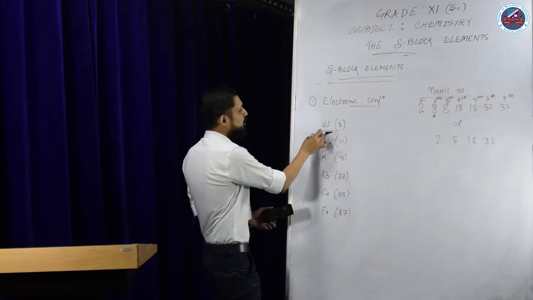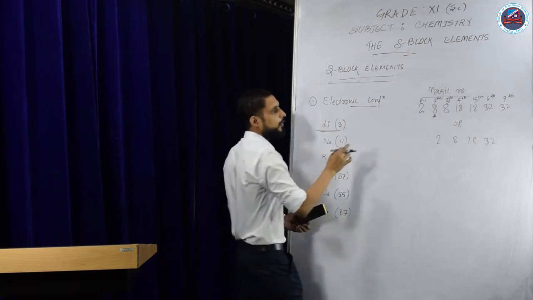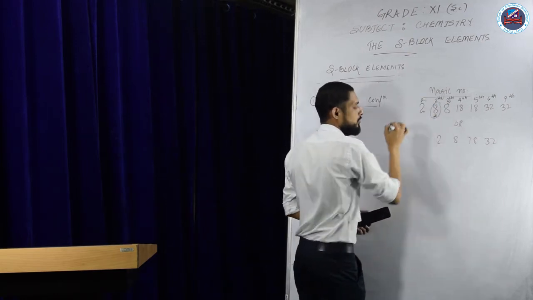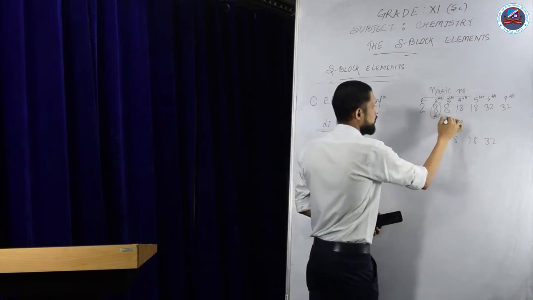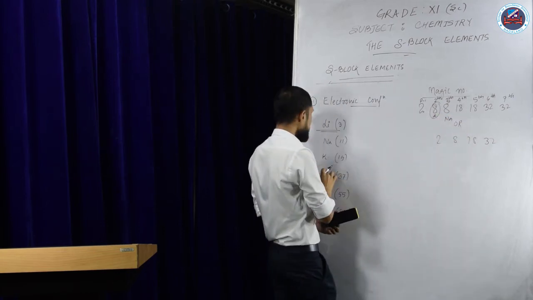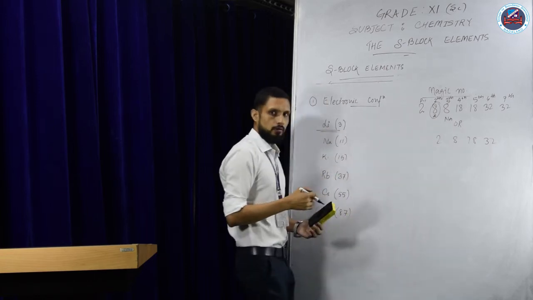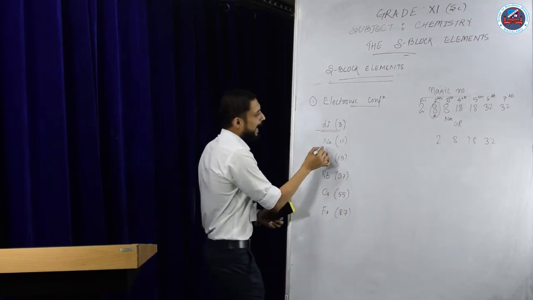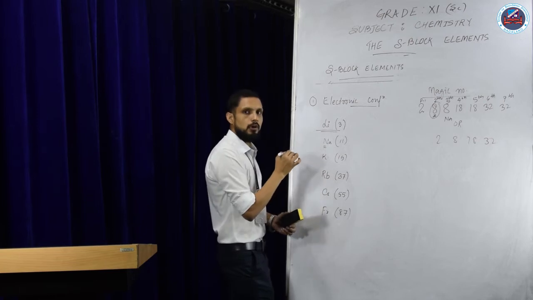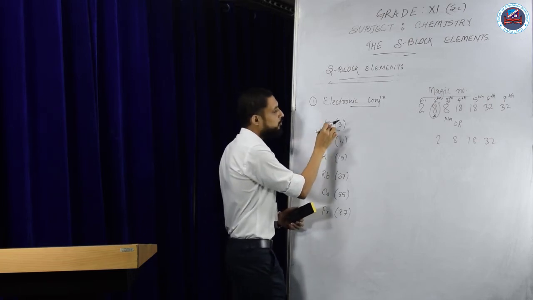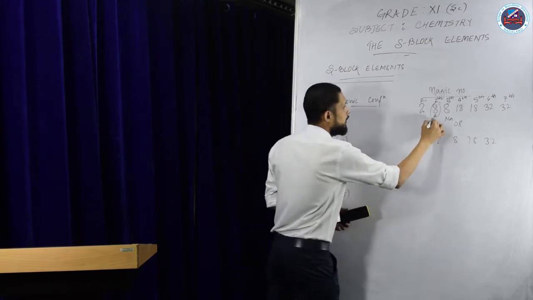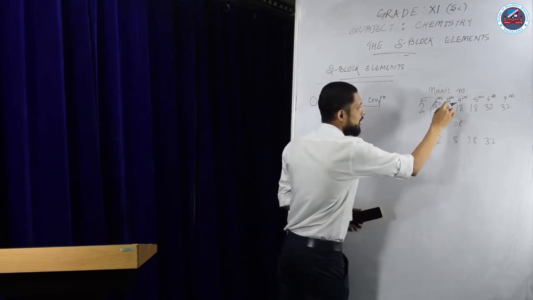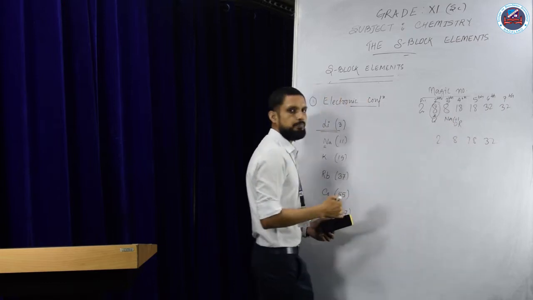So lithium with atomic number 3 is in the second period. Sodium is in the third period. Potassium, fourth, and so on. Now, the atomic number of sodium will be the atomic number of lithium plus 8. So sodium will be lithium 3 plus 8, 11.